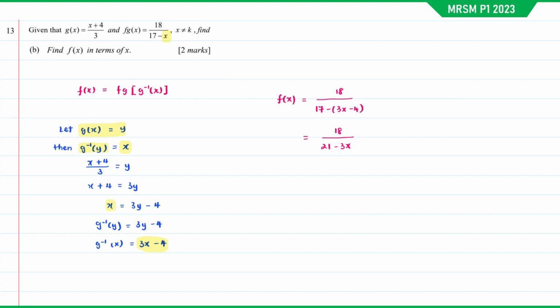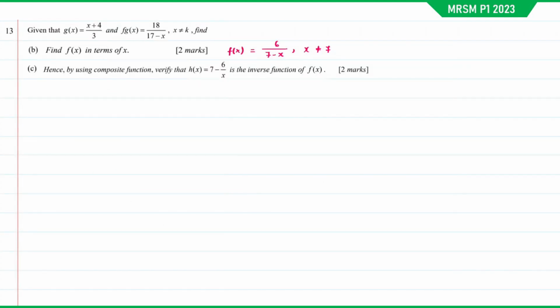For the denominator, we have a common factor of 3. Then this is equal to 18 over 3(7 minus x). The 3 and the 18, we can simplify. Then f(x) is equal to 6 over (7 minus x).